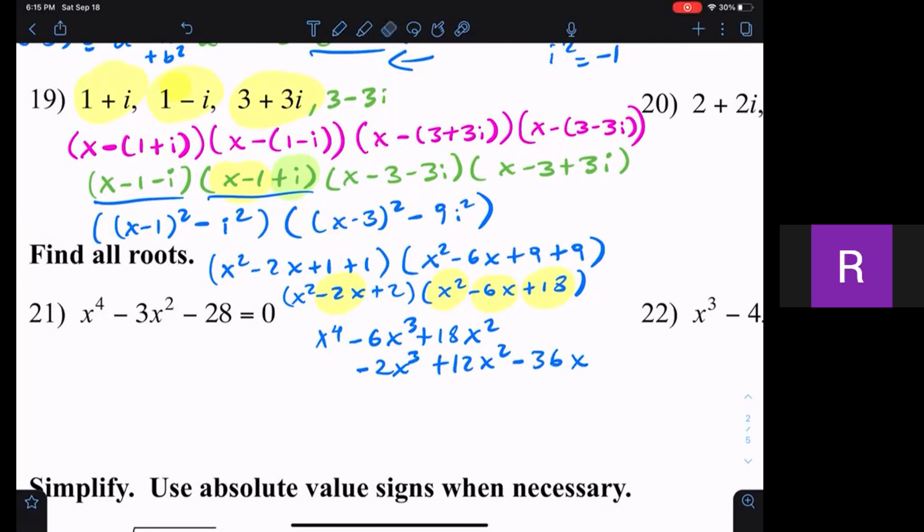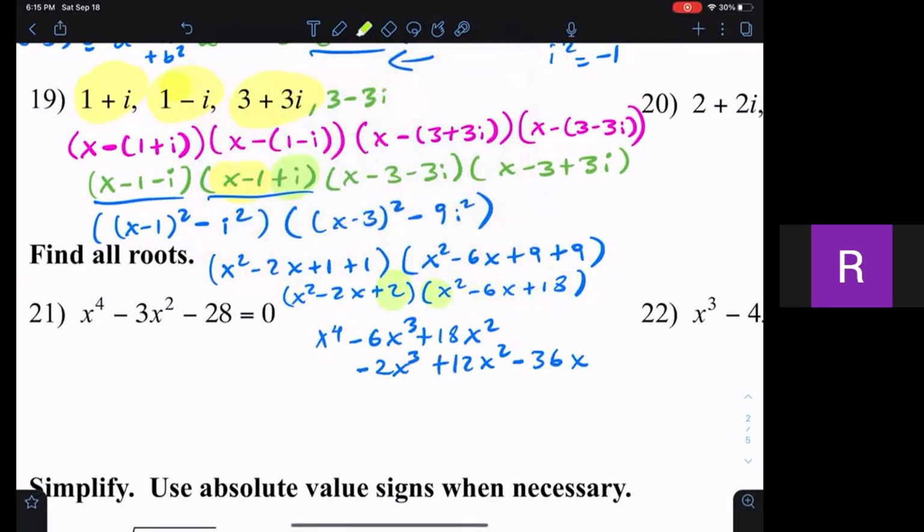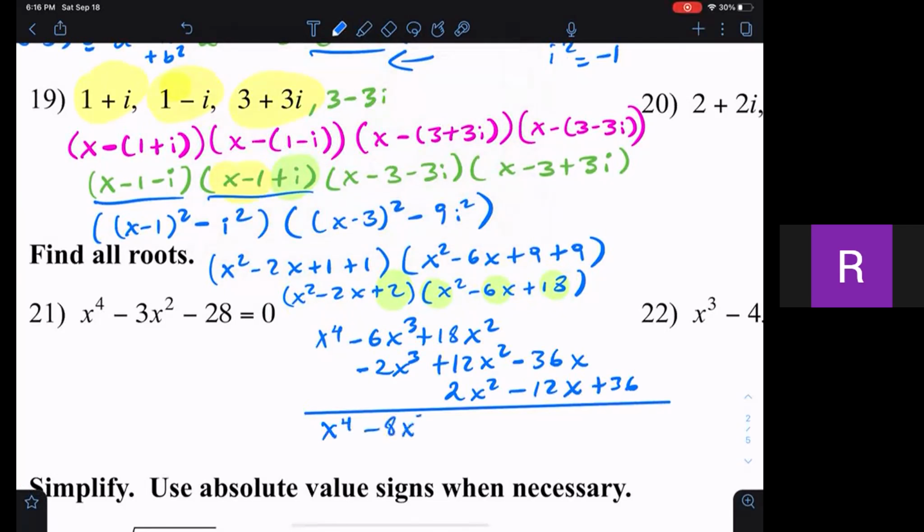And then the last one is this 3 times, so that's going to be 2x squared minus 12x plus 36. So that's x to the 4 minus 8x cubed plus 32x squared minus 48x plus 36, and that's the polynomial function for number 19. Double check.